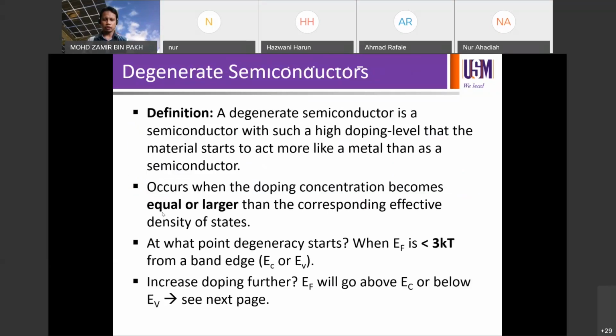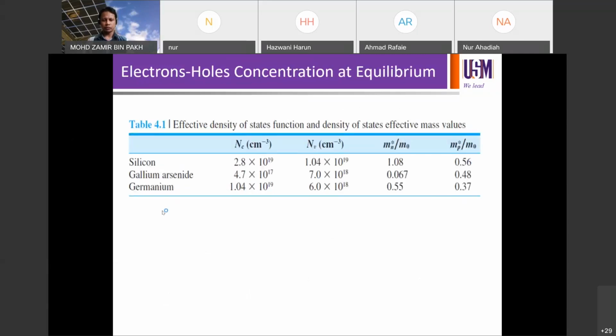So how do you tell? You can always come back to this table and check. For example, for silicon, if you dope it to make it more n-type, you look at the density of states of your conduction band, which is equal to 2.8 times 10 to the 19.